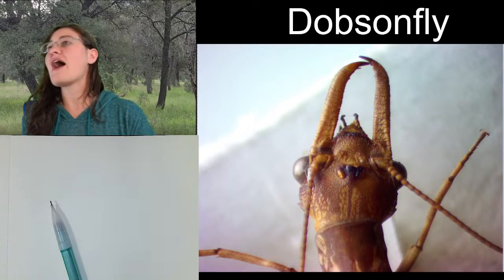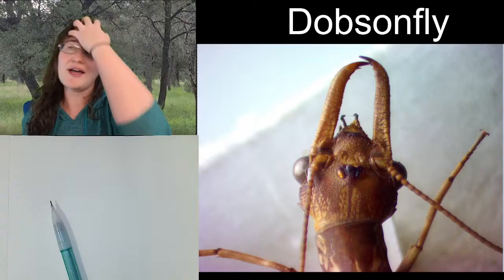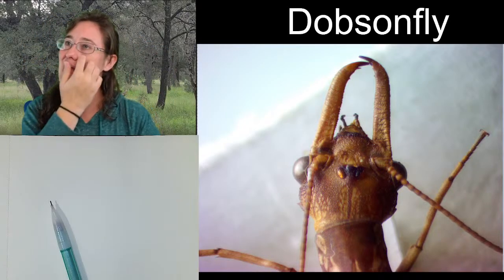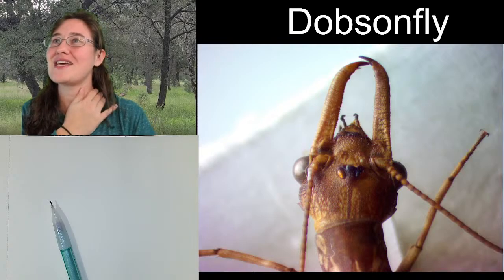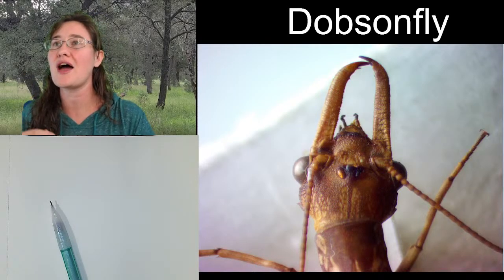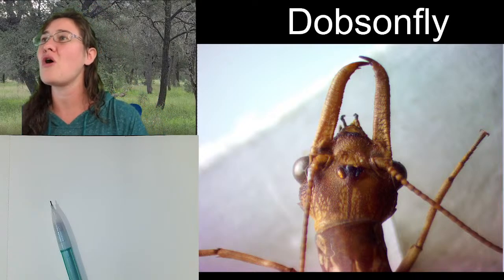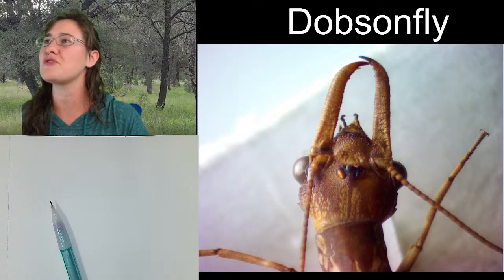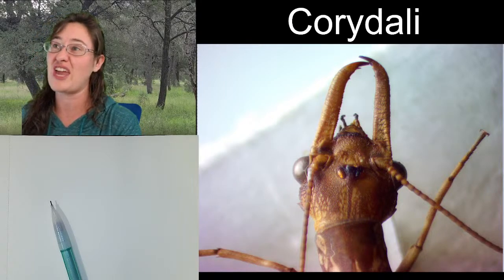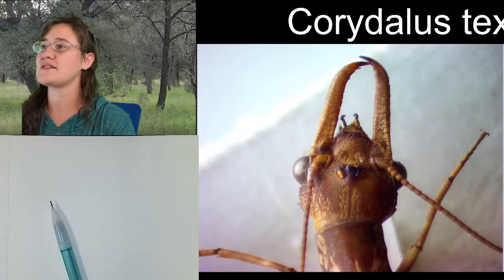All right, so I'm going to give you my best guess identification. I haven't gone through and keyed it out or even gone through a whole number of pictures, but I went through a little bit, and I think what we are looking at based on the range is Corydallis texanus.